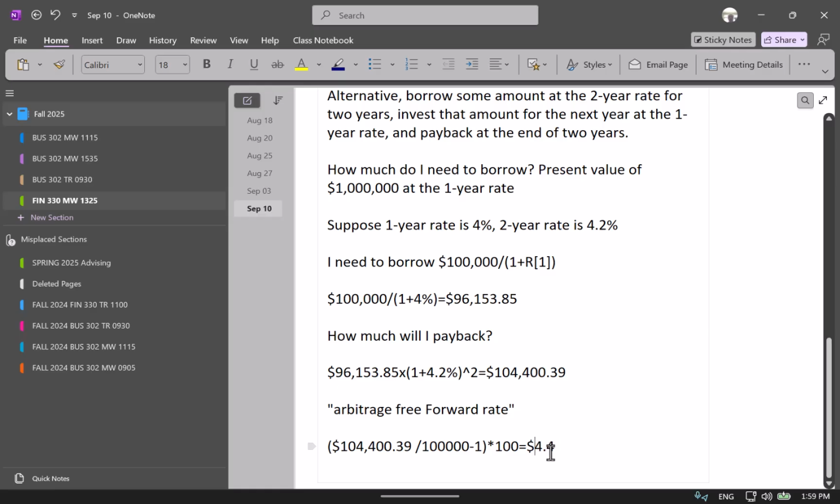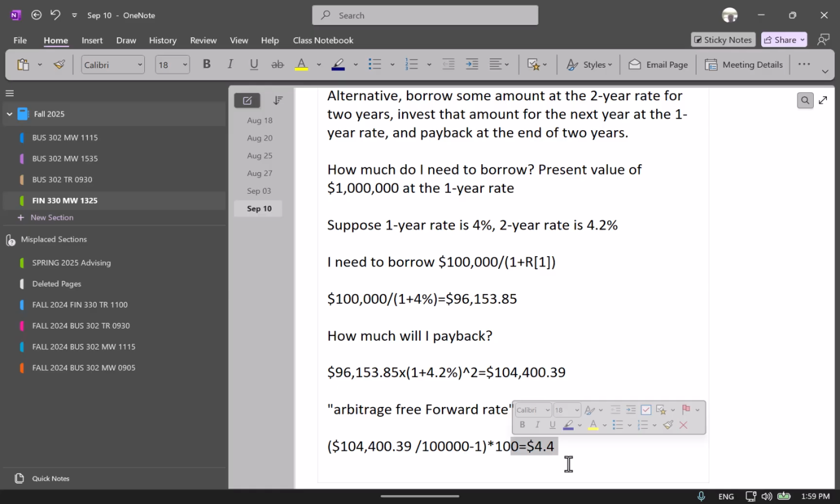It's actually about 4.4%, or yeah, 4.40039 technically, but you probably noticed that this forward rate is actually higher than both 1 year rates and 2 year rates. And that's normal when interest rates are going up. In this case, 2 year rate is higher than the 1 year rate, so forward rate will be higher than both of them.